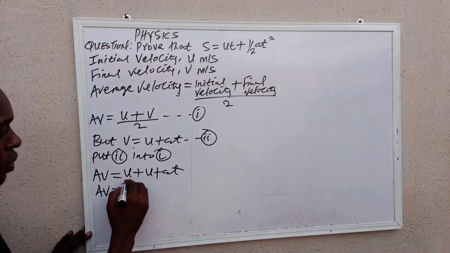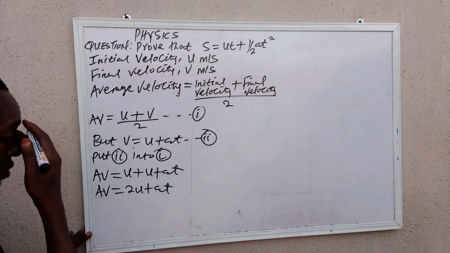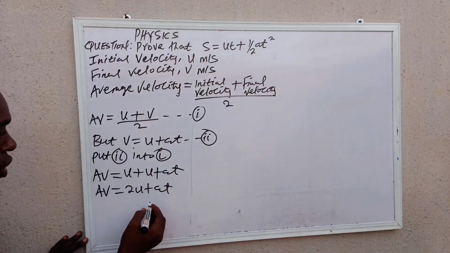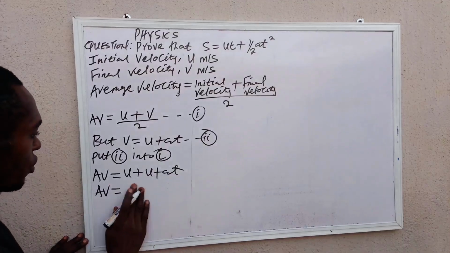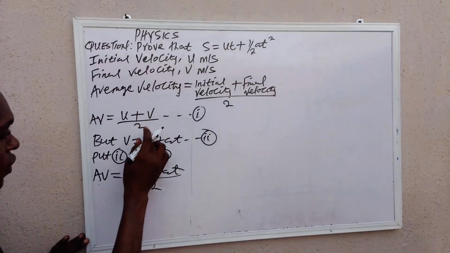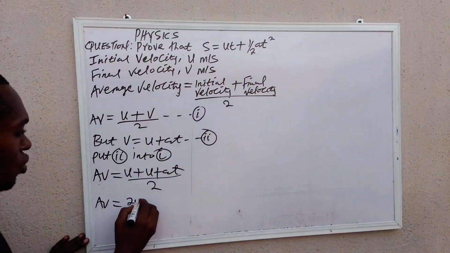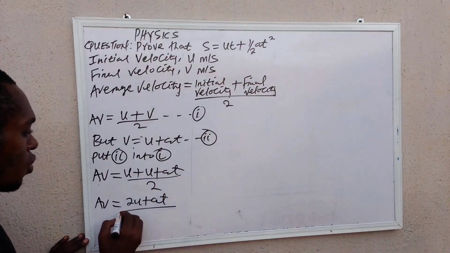AV is going to be, U plus U is 2U plus AT. Don't forget, we forgot the over 2. So AV is equal to 2U plus AT over 2.